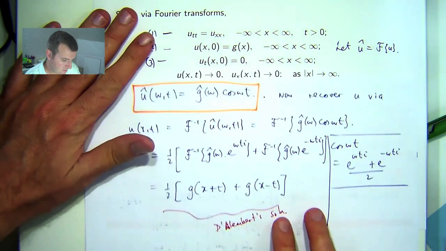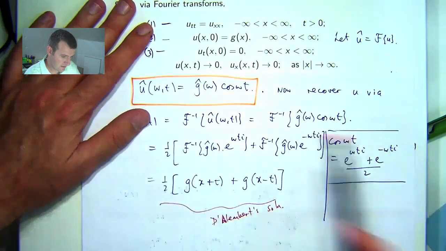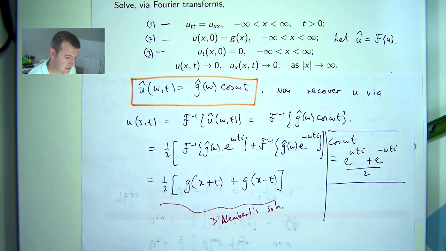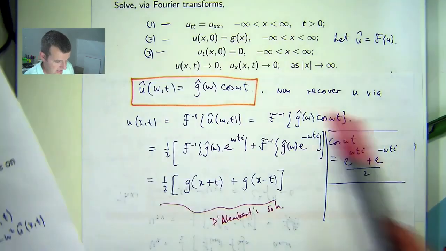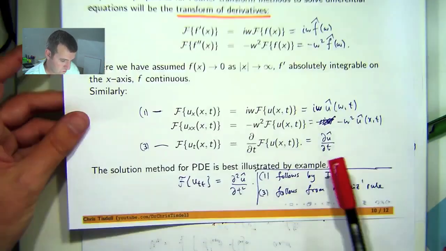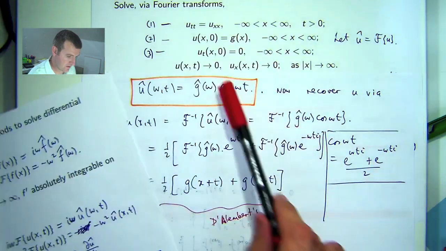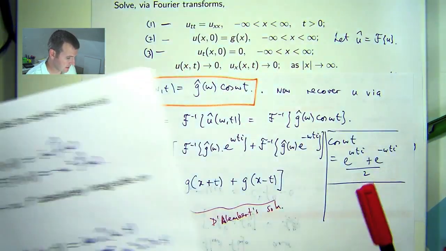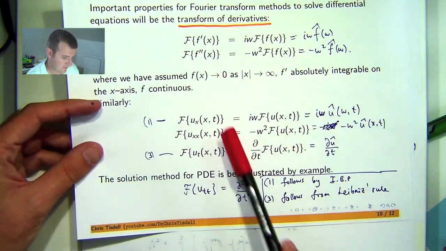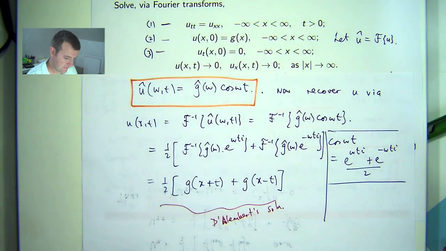And now you might be thinking, well, what's happening with this condition here? Well, that is a condition that is used when we apply our transform of derivatives approach. So with these, you know that you can basically transform the second derivative and the first derivative.